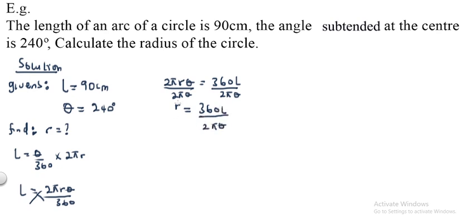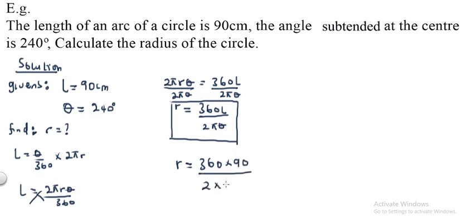Next up, we already have r as the subject of the formula. We can then substitute our values inside here. This would mean that r will be equal to 360 times L. L is 90, divided by 2 times pi, which is 22 over 7, times theta, which is 240.